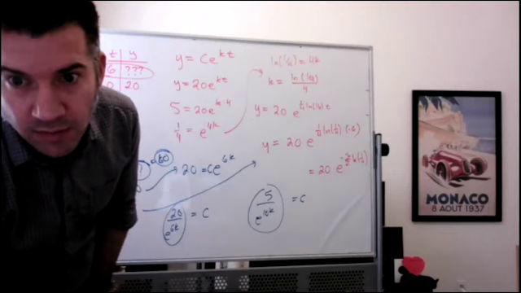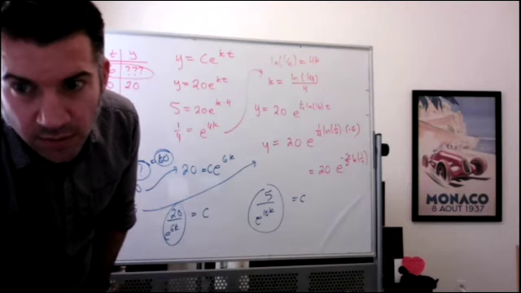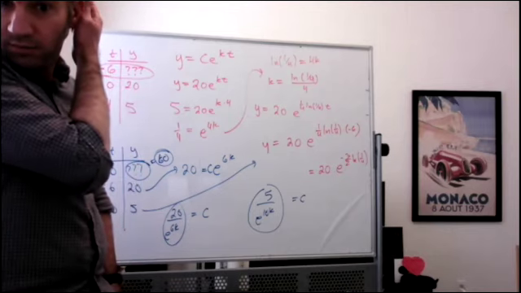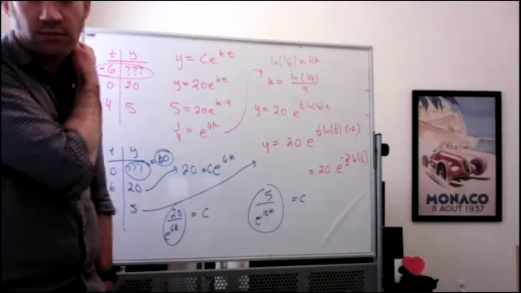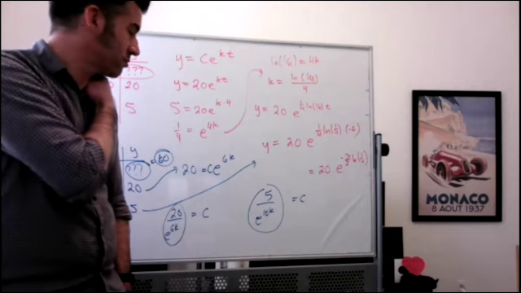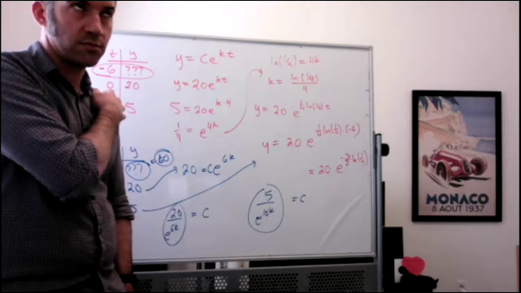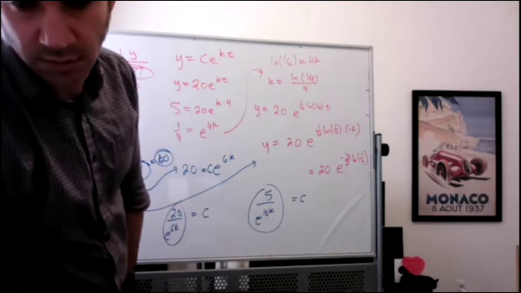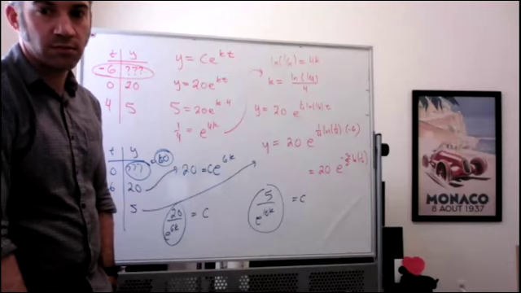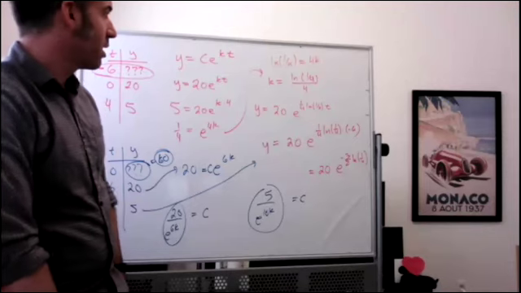And the way I got C ended up being 5 over e to the 1095 times natural log of 1/2 over 276. If we end up with an expression like that, do you want us to further simplify to get a single number, or just leave it as the equation we get?